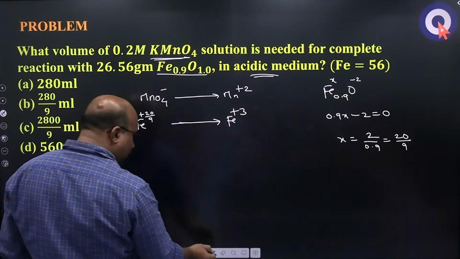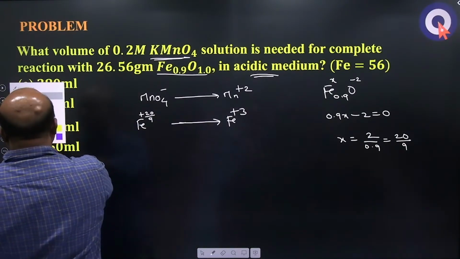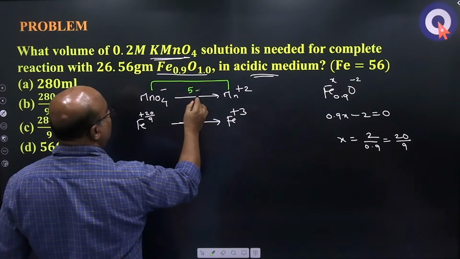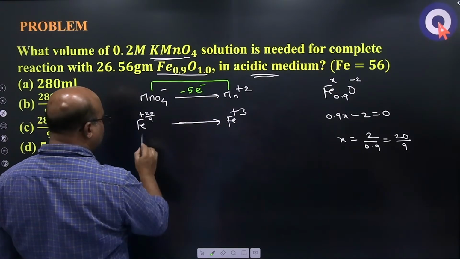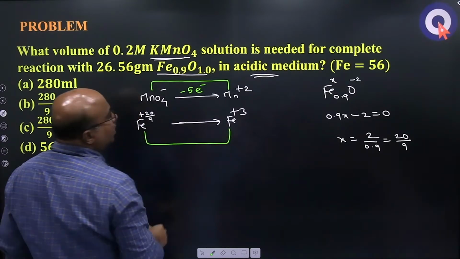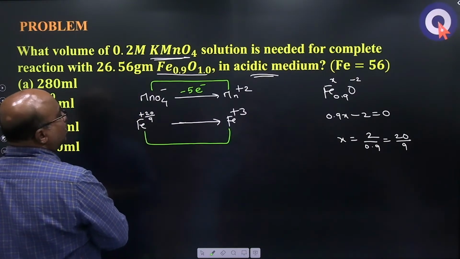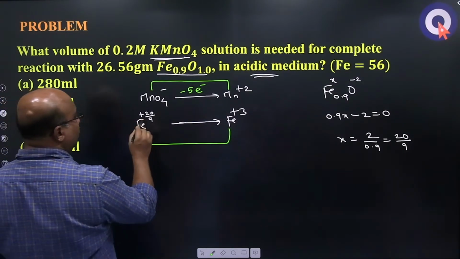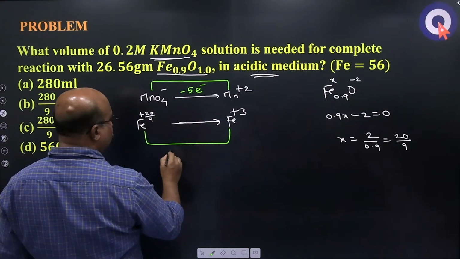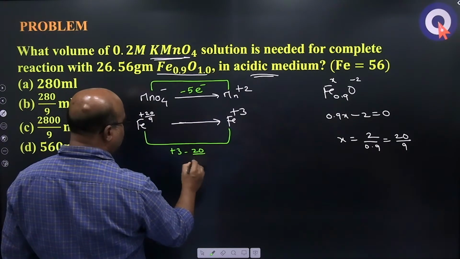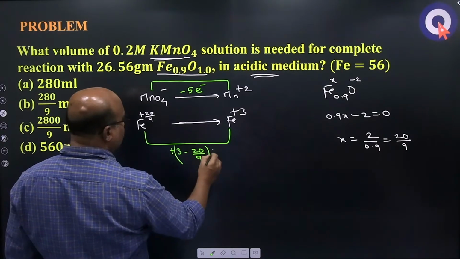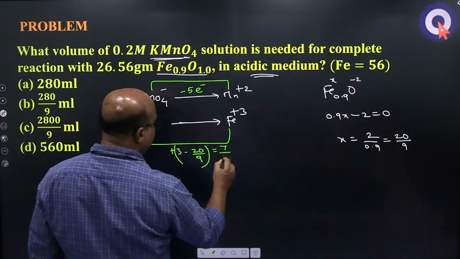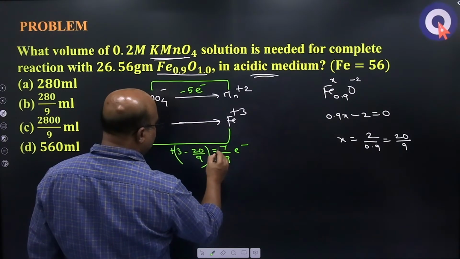So what is its n factor in this case? The n factor of Mn is 5, or it has gained 5 electrons. For iron, the oxidation state changes from +20/9 to +3, so it is 3 minus 20/9, which is 7 by 9.